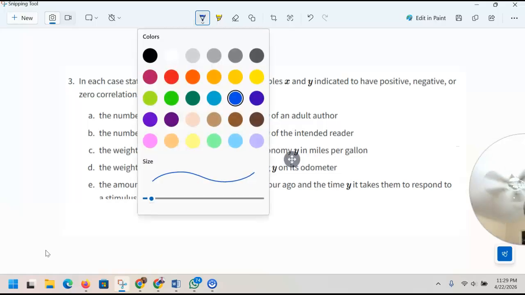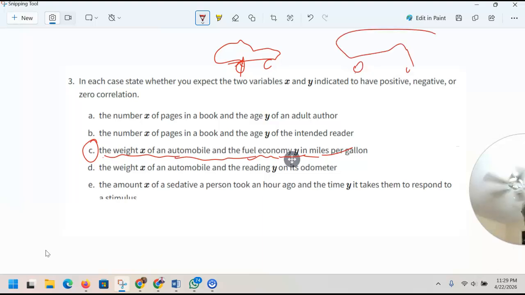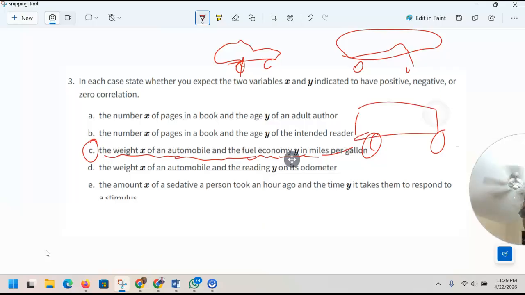And the next question is the weight x of an automobile and the fuel economy y. That means, let's see, if this is a small, tiny car, and this one is a bigger car, and this is a bigger vehicle like a truck, this small car will give more mileage.